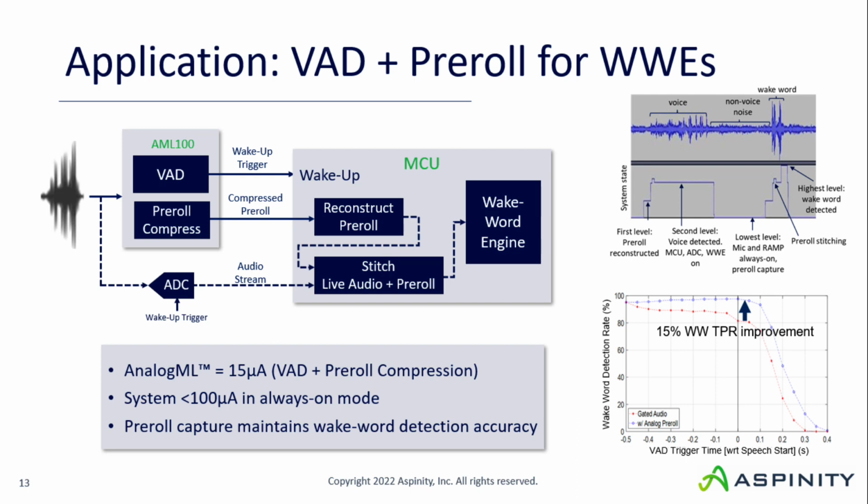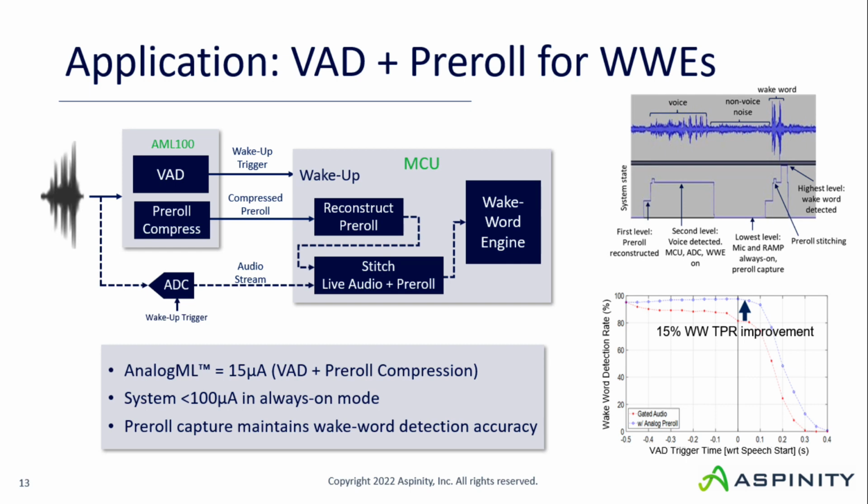So what we can do is have the AML100 continuously bring in and monitor that incoming sound and compress that audio signal into a lower bandwidth signal that we can then send to a circular buffer to maintain a history of that signal.